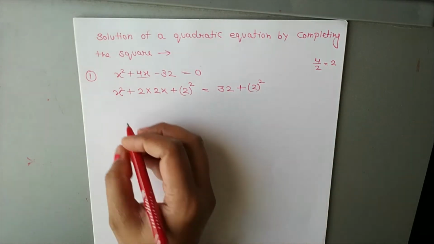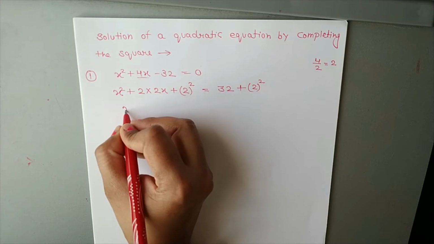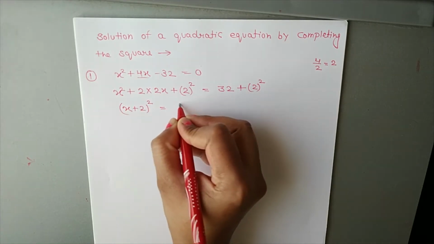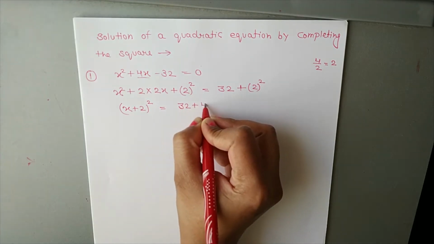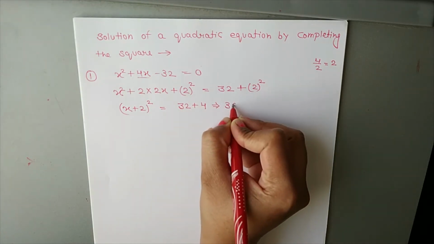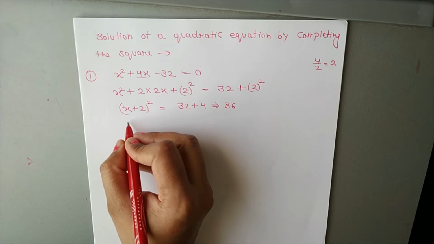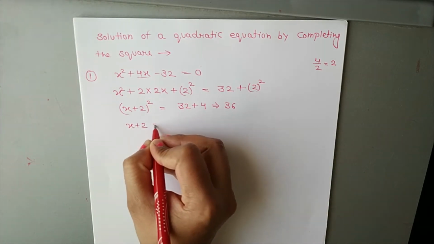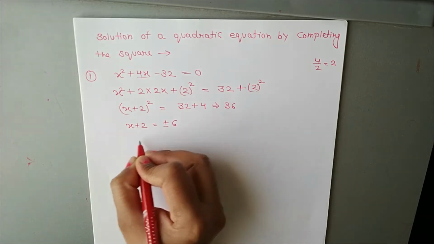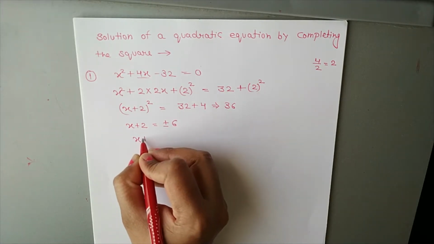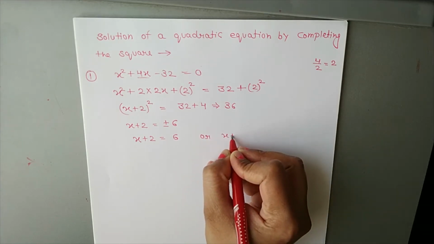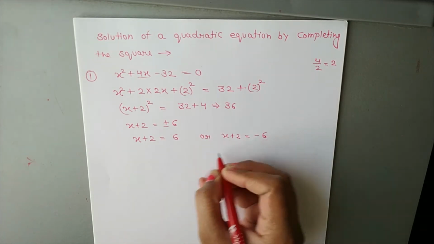So it will become x plus 2 whole square is equal to 32 plus 4, that is 36. Taking square root on both sides, x plus 2 is equal to plus minus 6. So x plus 2 is equal to 6, or x plus 2 is equal to minus 6.